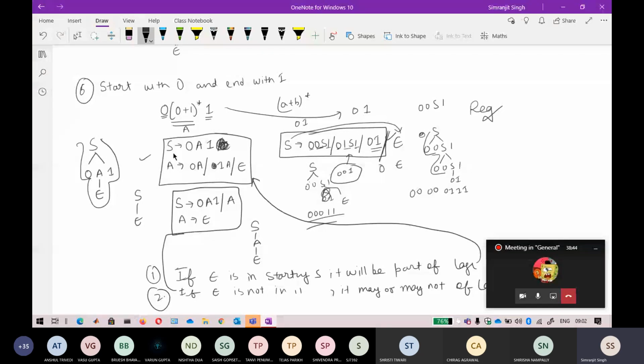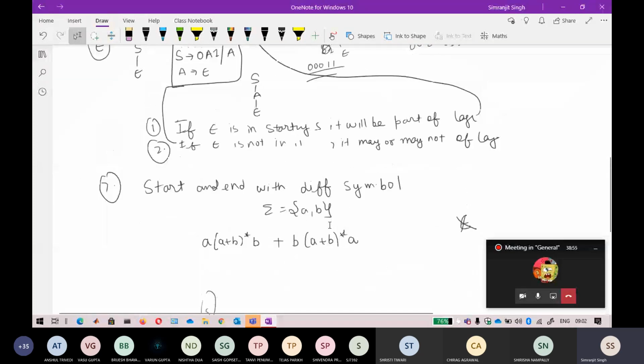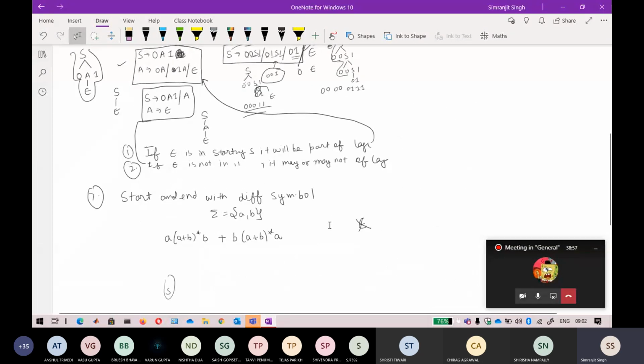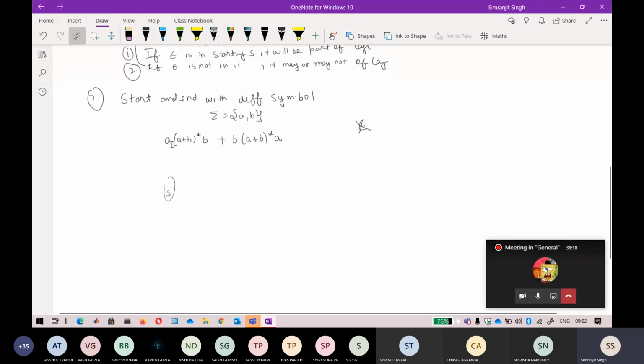Brijesh has written absolutely correct, and Varun has also given the grammar absolutely correct. The grammar that we defined earlier is the stepping stone of this one: starting with a, ending with b, starting with b, ending with a.